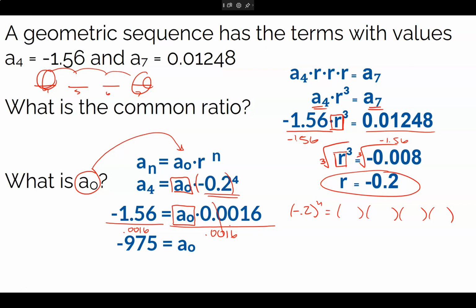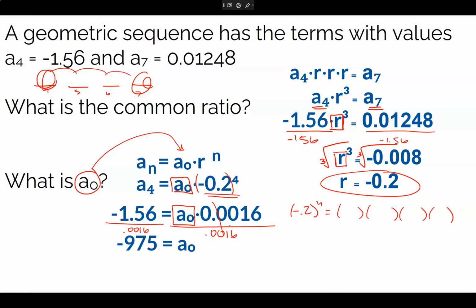All right, so now it wants me to write both formulas. I have everything I need. I have my R and I have my A0. Do I need both of those, one of those, none of those to write the recursive formula?